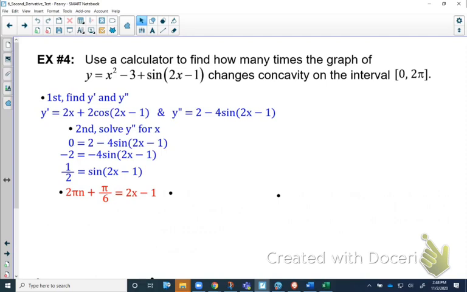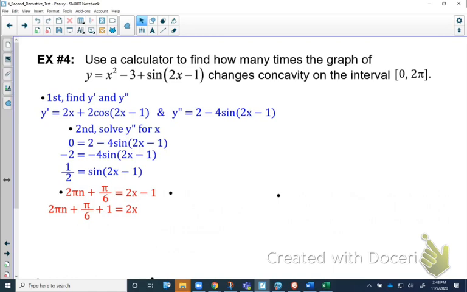So n or k is going to represent some kind of integer value that we would use to say, okay, how many times along some interval, going through complete cycles, am I going to be able to have a solution at a certain point?